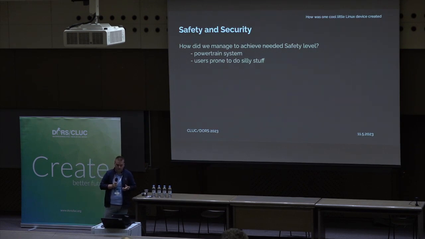The powertrain system and the vehicle control units are there to protect the vehicle itself. So if the user does something unexpected, the system will react accordingly and either stop the action or have the action in a controlled manner.